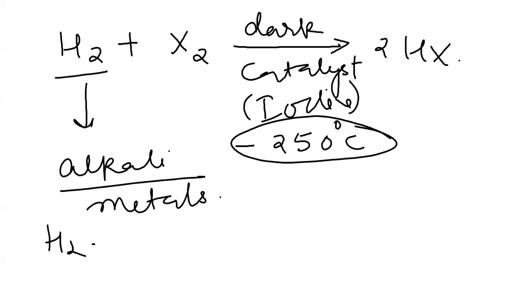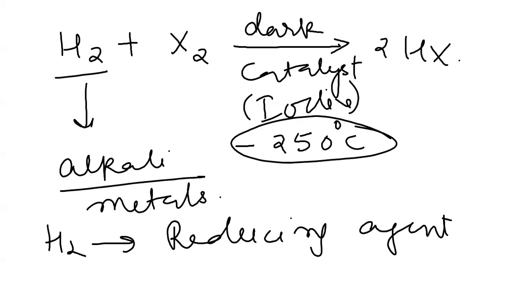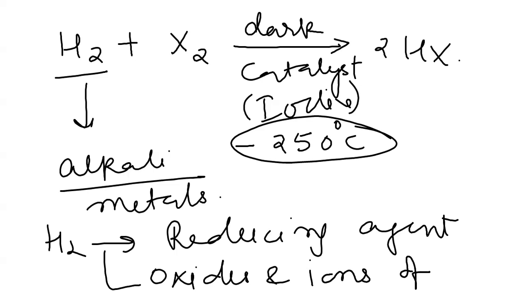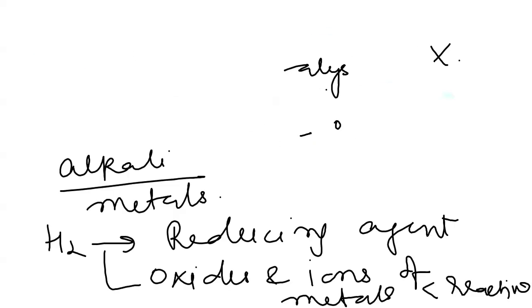And this hydrogen has a reducing nature. Dihydrogen is a reducing agent. Why? Because it reduces oxides and ions of metals that are less reactive than iron. So basically they should be less reactive than iron.